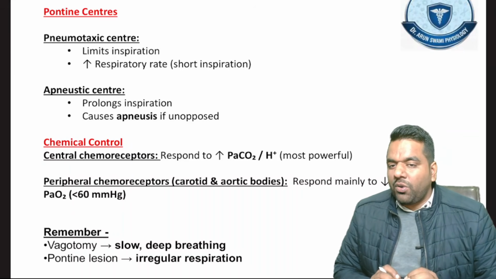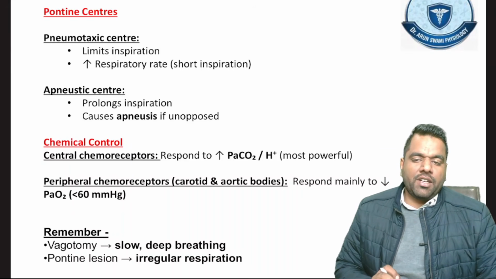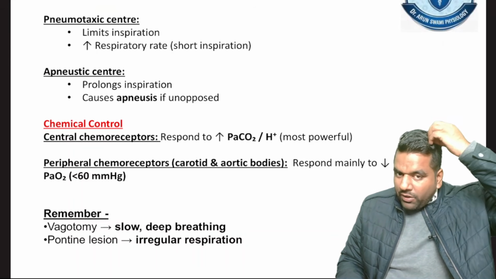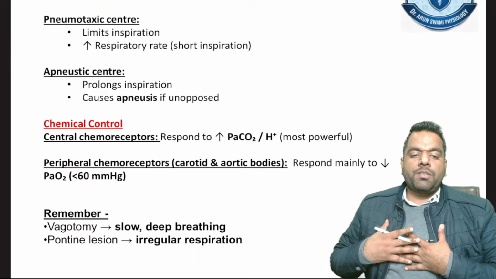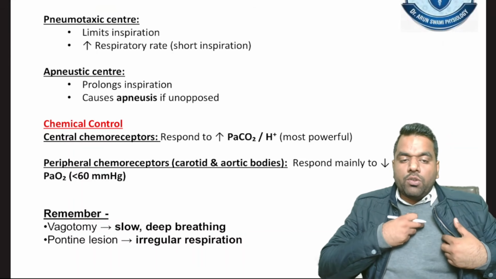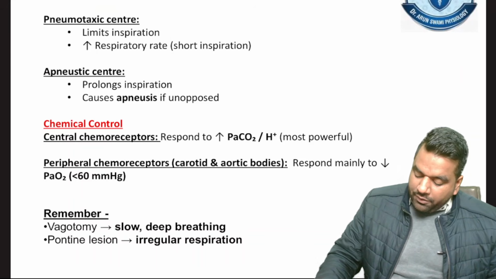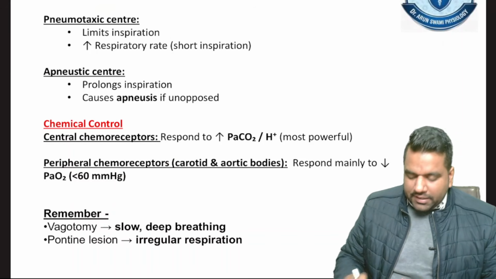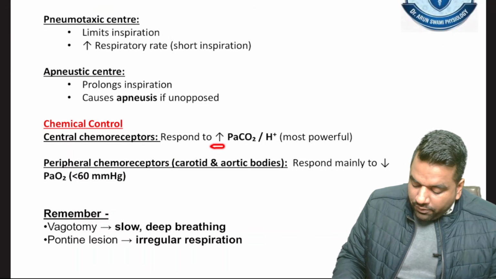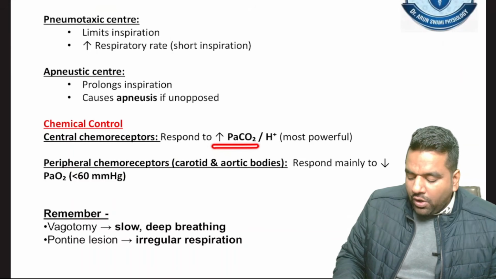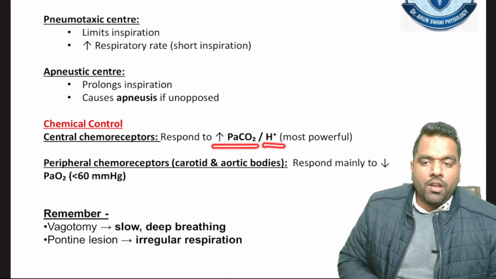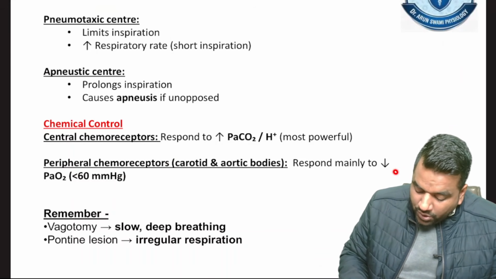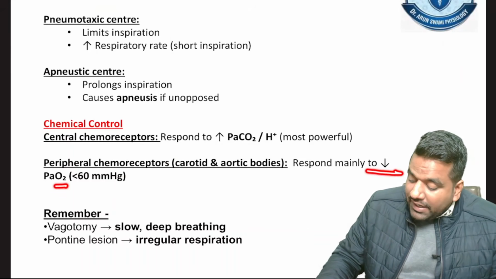Guys, the chemical control of respiration is done via the chemoreceptors, which are of two types. One is in the brain, which we call the central chemoreceptor. Another is present in the aorta and the carotid artery, which we call the peripheral chemoreceptor. Guys, always please pay attention. The central chemoreceptor is sensitive to increased CO2 followed by H ion, but the peripheral chemoreceptor responds mainly to decreased oxygen level.